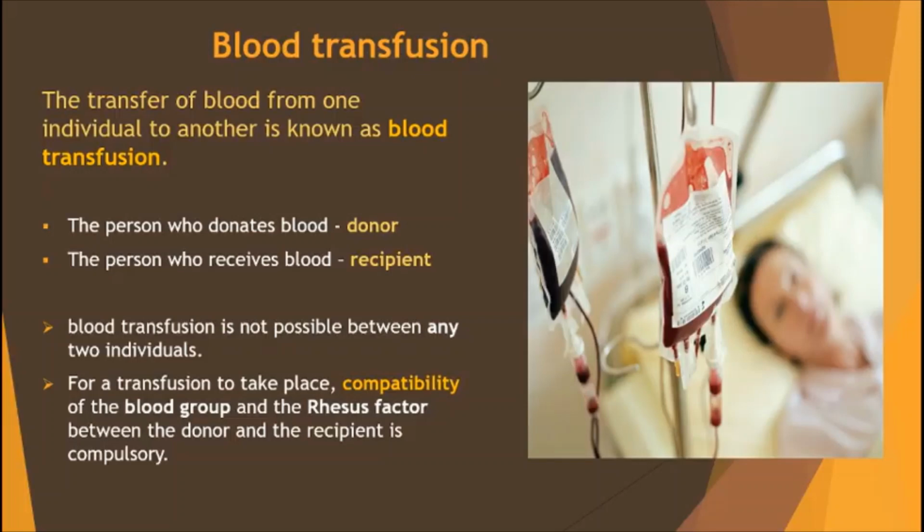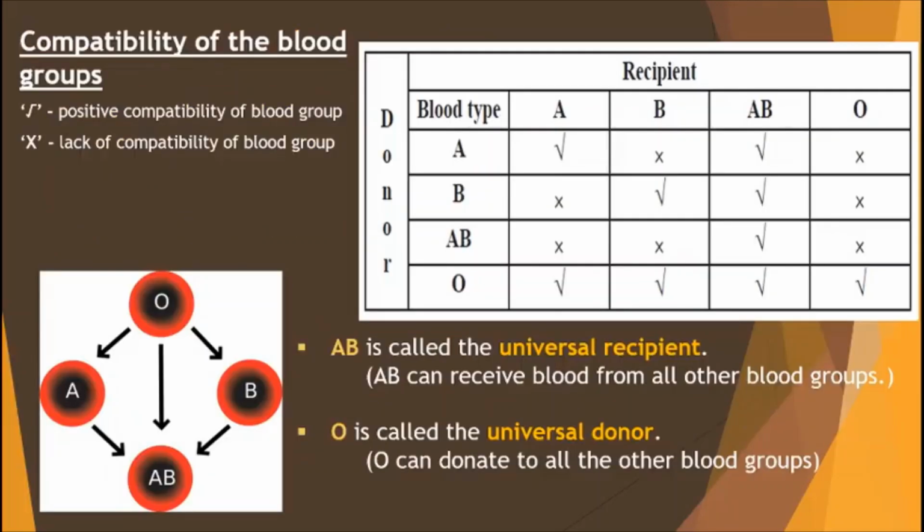Okay, now let's see how we can check the compatibility of blood groups. In the table, you can see which are the compatible blood groups and which are incompatible. A person can donate blood to another person with the same blood group.